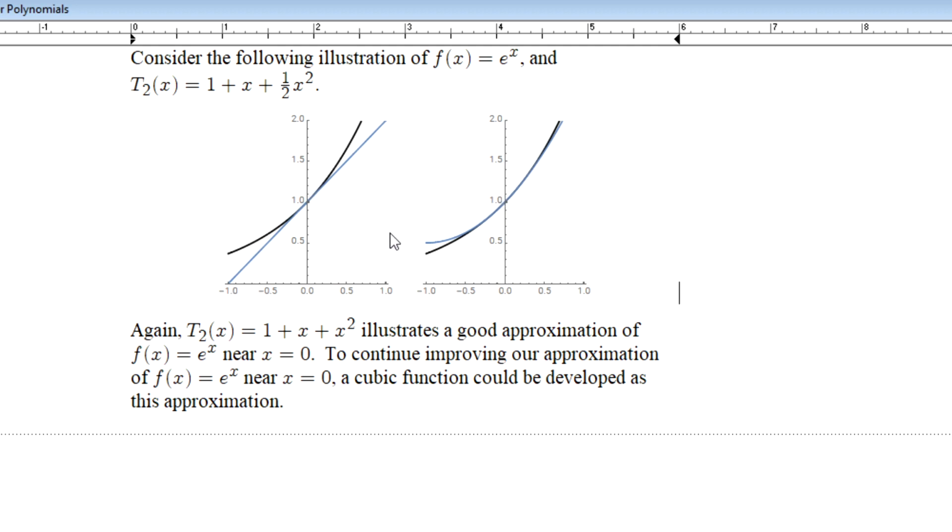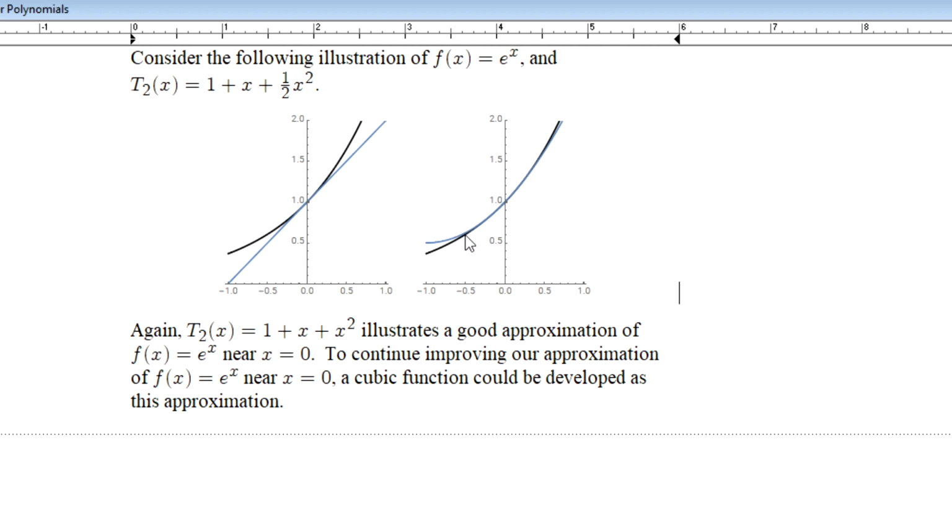The blue curve, and if you have this in black and white, you might not be able to see it, but we do see our e to the x curve, the exponential curve, still here in black. It's the curve that is the same in each picture, whereas now our parabolic curve is this curve here.